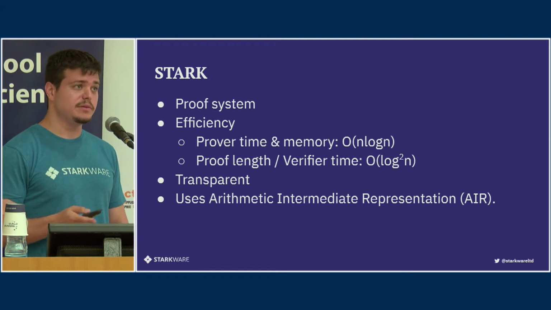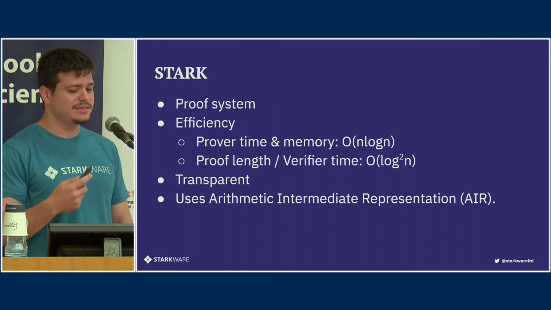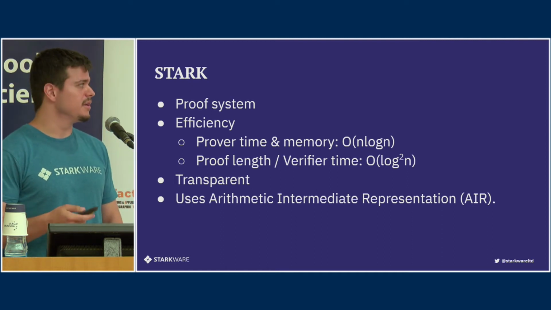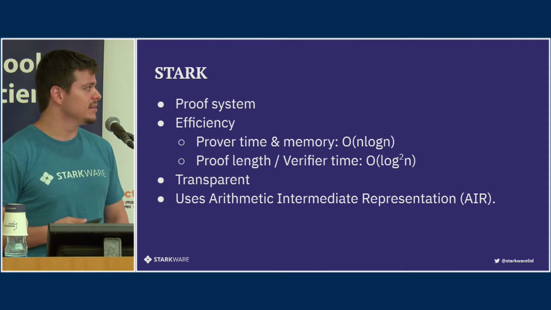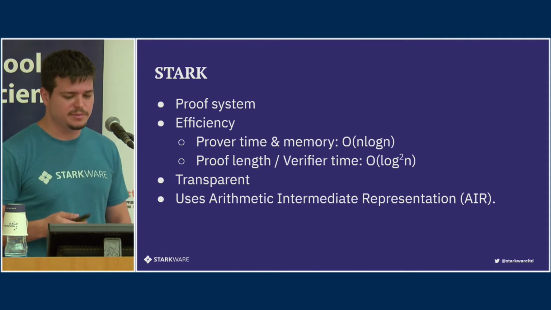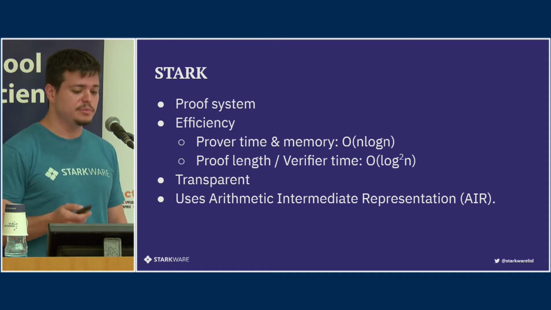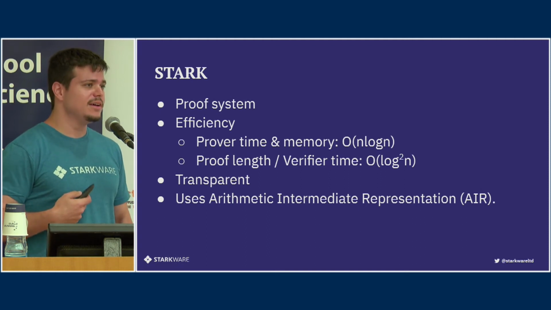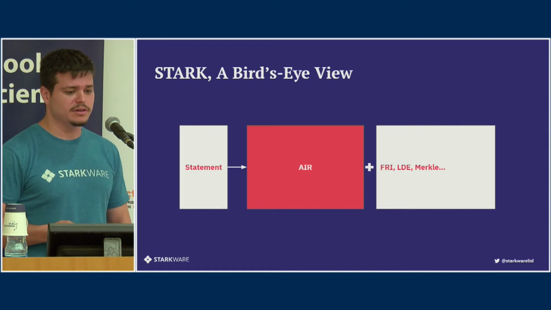It's also transparent, which means you don't have to do a setup, which is a complex thing at the beginning that is, in some contexts, not that secure. Stark is transparent, which is awesome. And it uses an array representation, which is the main problem, I would say, with easily translating statements to Stark.